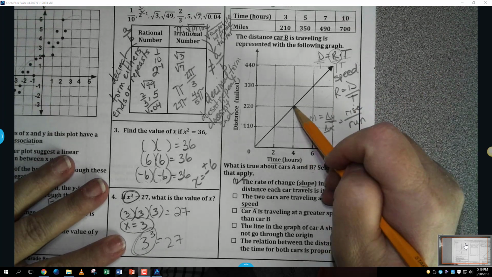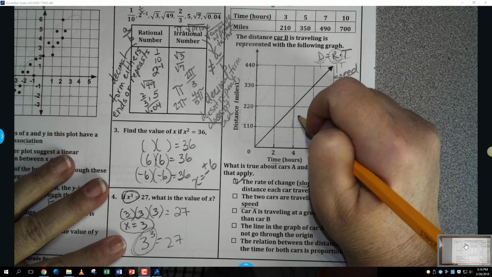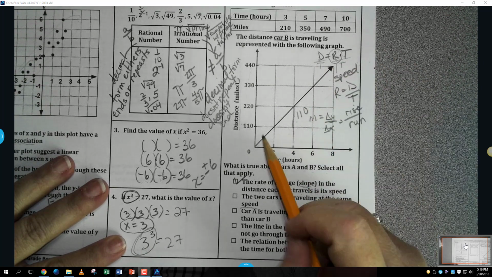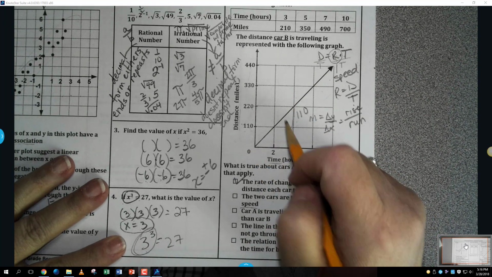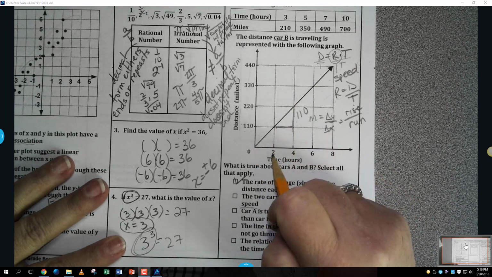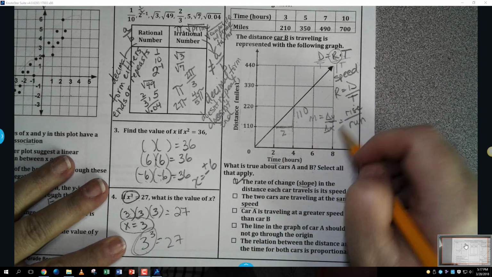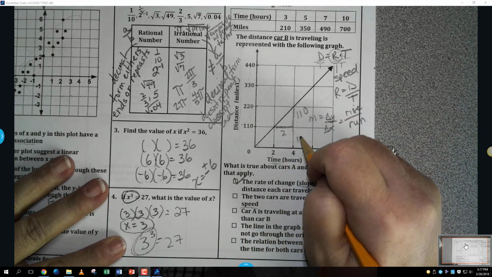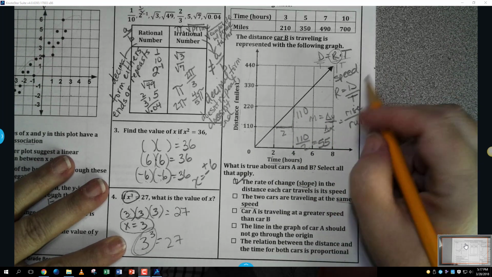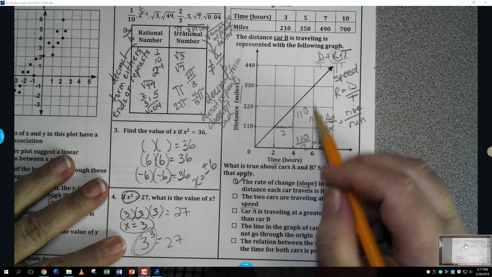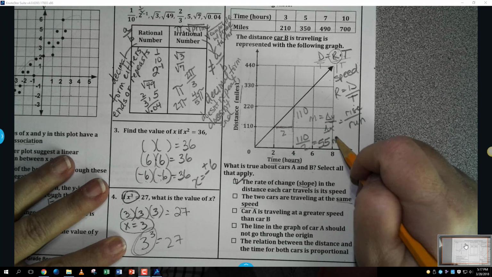Here the rise is 110, 220 minus 110 would be 110. And here the run from 2 to 4 is 2. So the slope of this line is 110 over 2, which is 55 miles per hour.